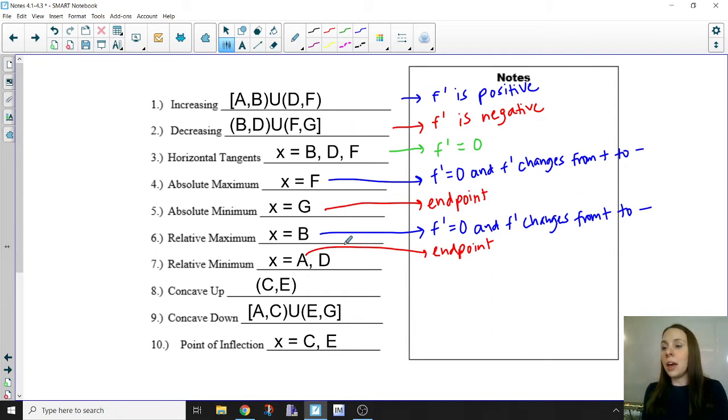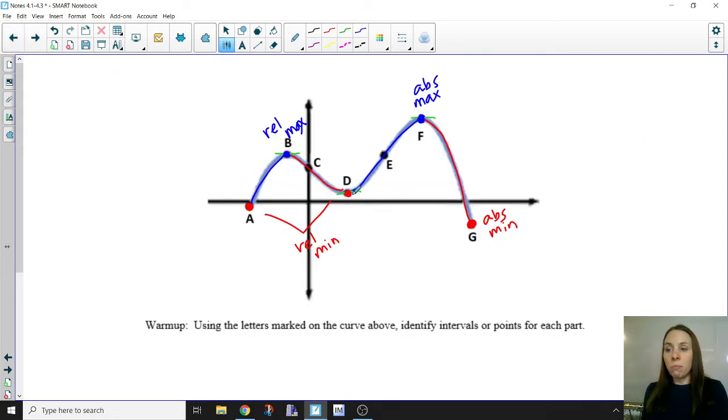However, there's a lot of stuff we could say about d, and it's going to be similar to what we said about x equals b and x equals f. Notice d is our other horizontal tangent. So it is, again, a place where f prime equals 0. It was another turning point. But the function's graph is decreasing to that point, and then it is increasing.